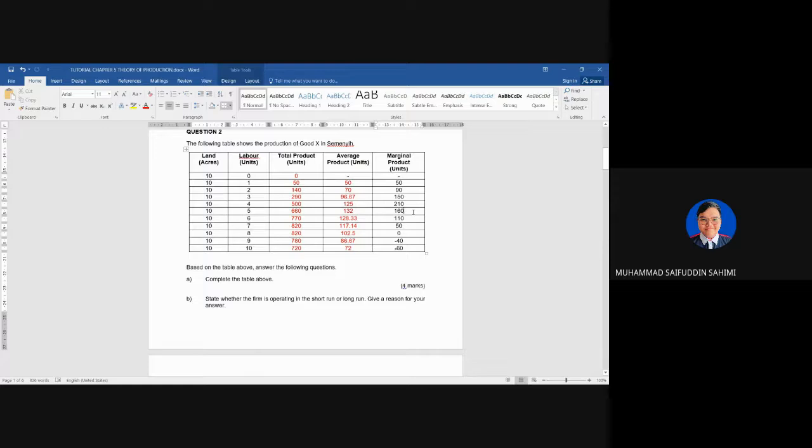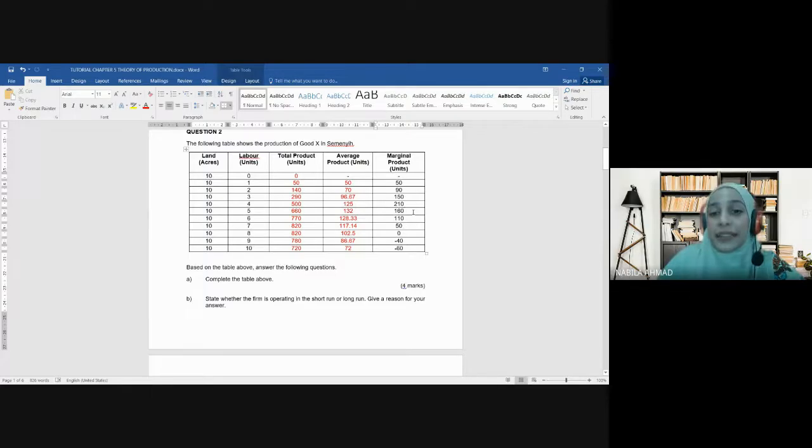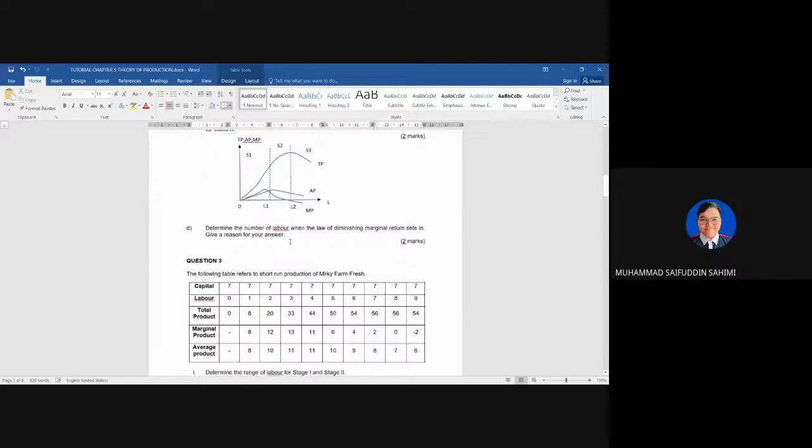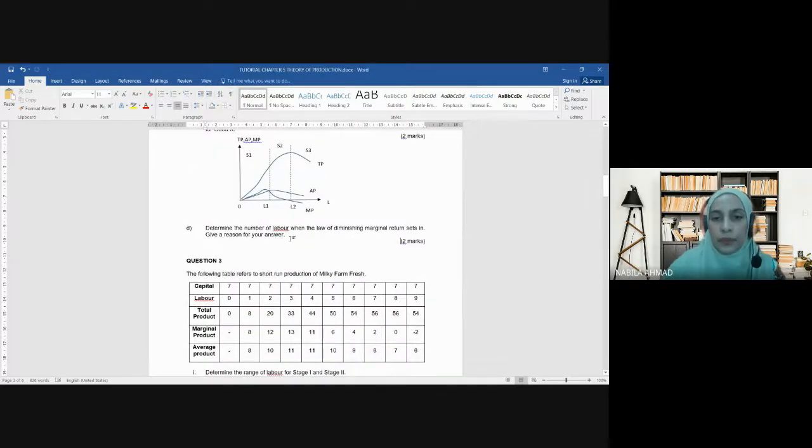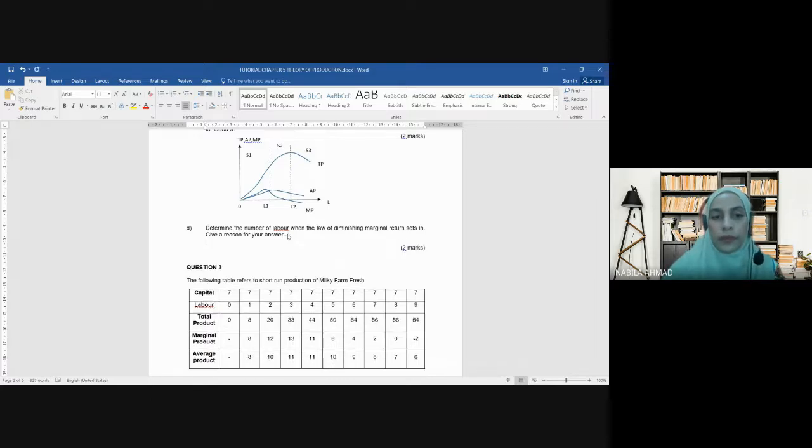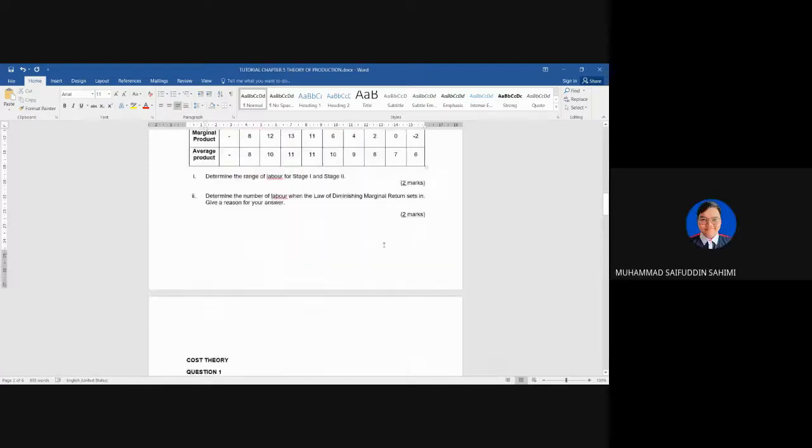Because the marginal product starts to decline. Ya. Kita kata, determine number of labor, 5 labors, because the marginal product starts to decline. Boleh faham? Okey tak? Okay.